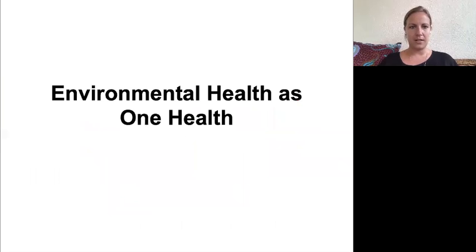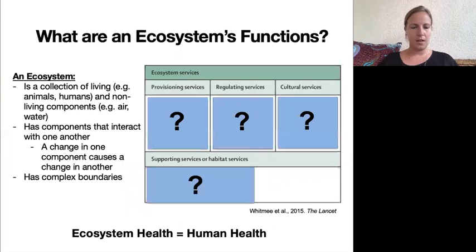So now we're going to take a bit of a deeper dive, as I mentioned, into environmental health. Before we can continue, there are some basic terminologies to understand in order to understand and appreciate the massive role our ecosystems play in our lives.